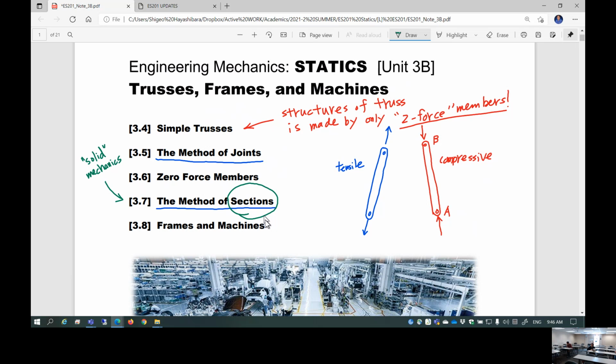All right, so having said that, this section is going to conclude with frames and machines. Wow, that means after learning how to do method of joints and sections of truss, you can actually analyze a real machine. The real machine may include this kind of thing. If I apply the force, how much force is developed here?